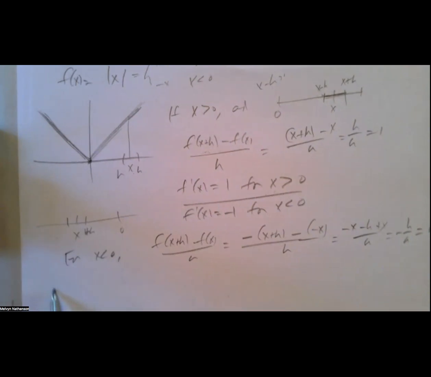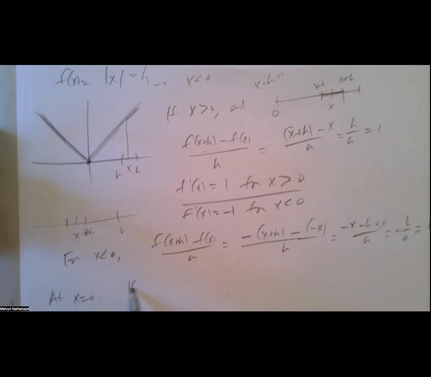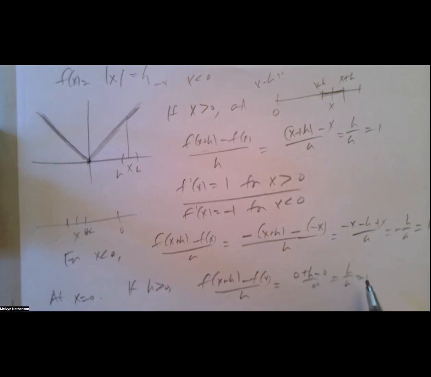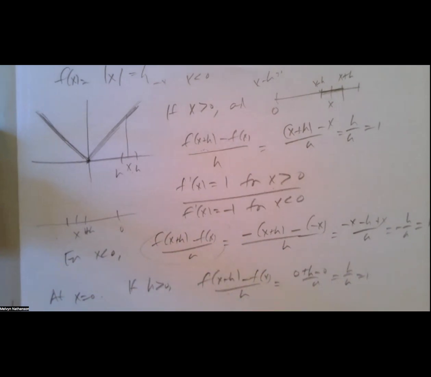What about at x equals 0? So if h is positive, f of x plus h minus f of x over h is 0 plus h minus 0 over h, which is h over h, is 1. So this quantity is 1 if h is positive.